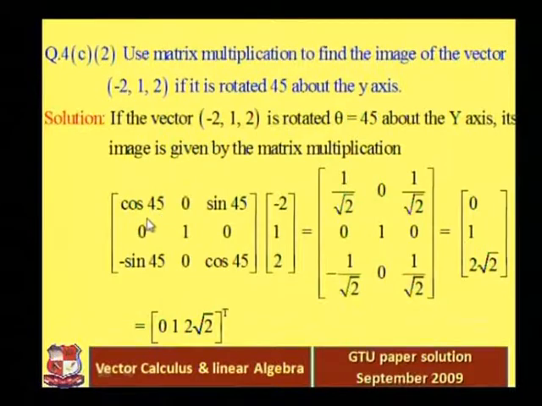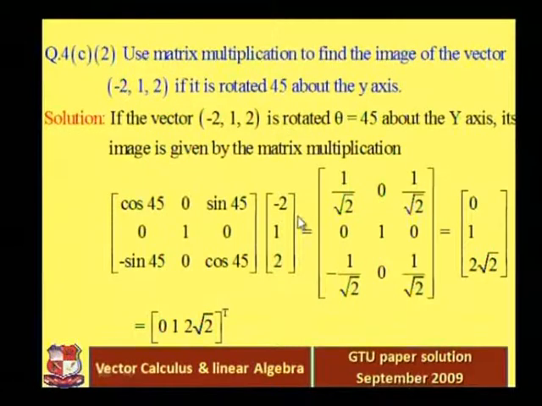So that's why, instead of theta, we have to put 45. So cos 45 0 sin 45, 0 1 0, minus sin 45 0 cos 45. We have to multiply this matrix with the vector minus 2 1 2.